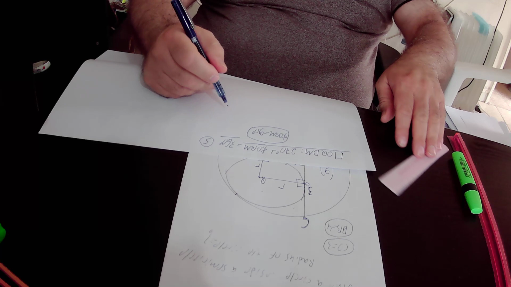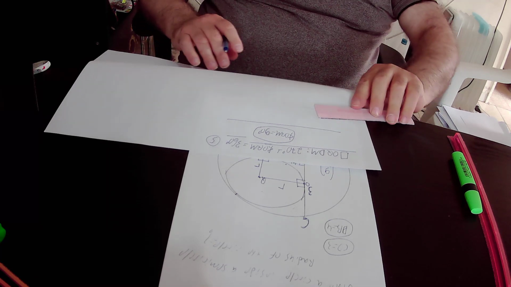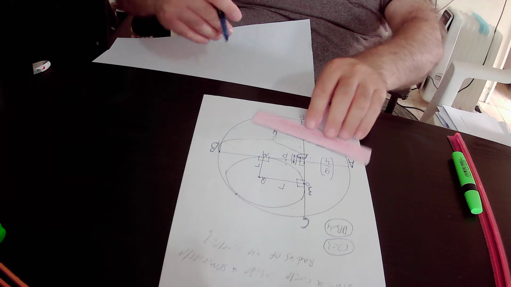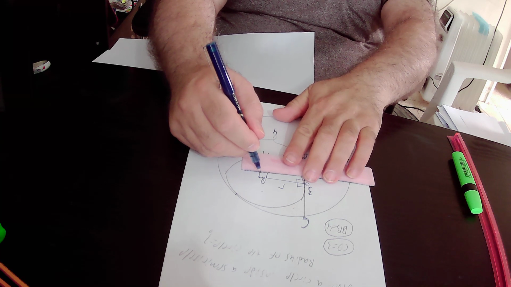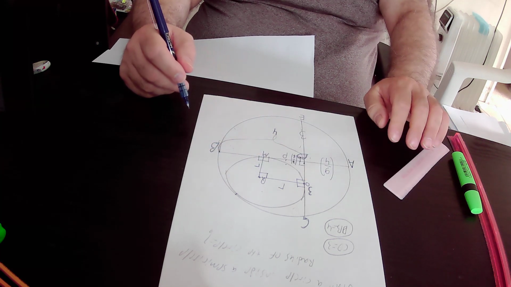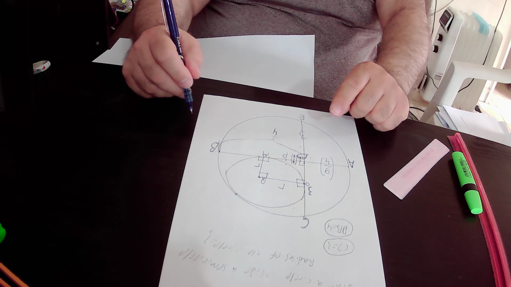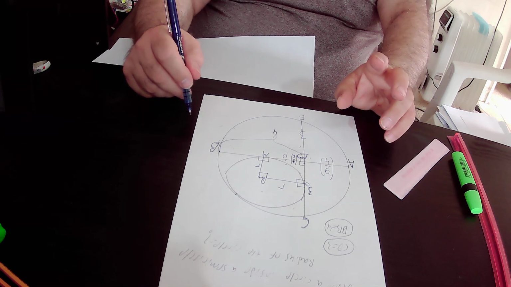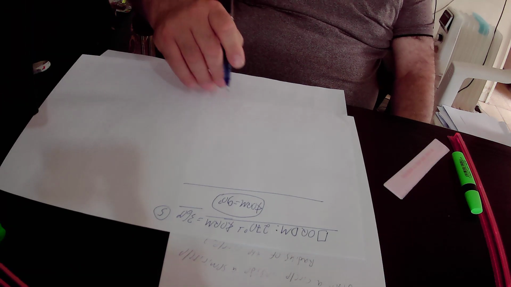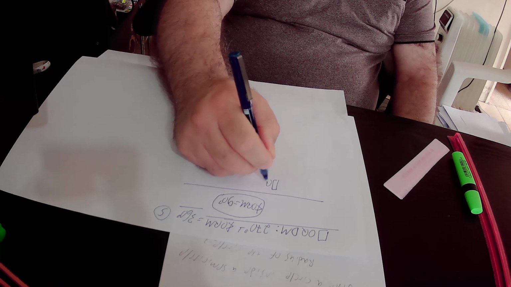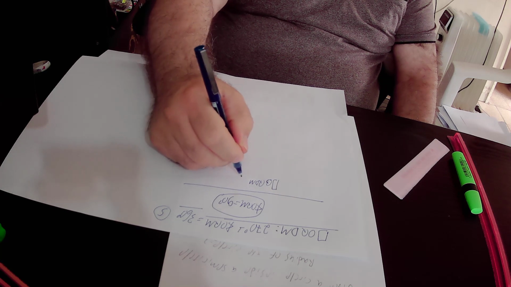So angle OQM is a right angle, equal to 90 degrees. Actually, in quadrilateral OQDM, we have 4 right angles. Any quadrilateral that has 4 right angles must be at least a rectangle. So we will treat quadrilateral OQDM as a rectangle. Quadrilateral OQDM is a rectangle.